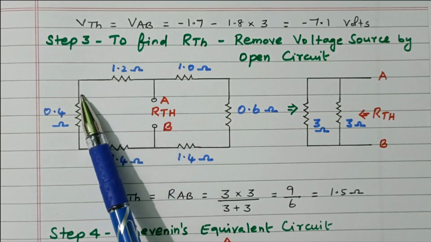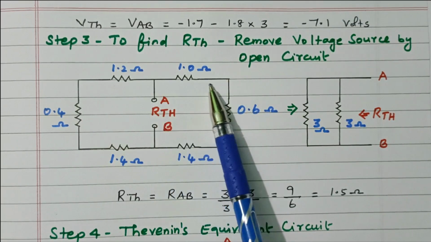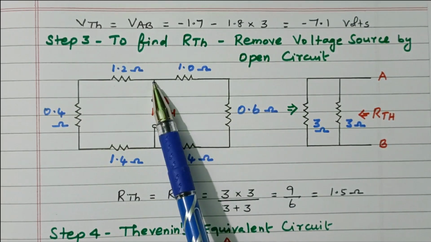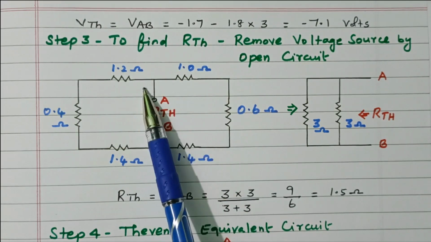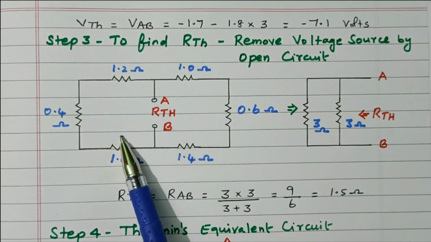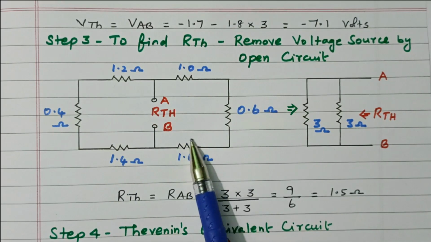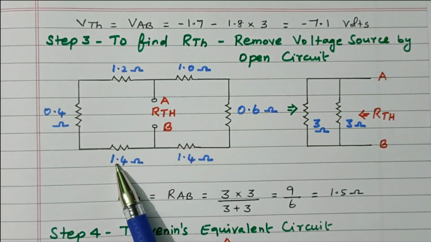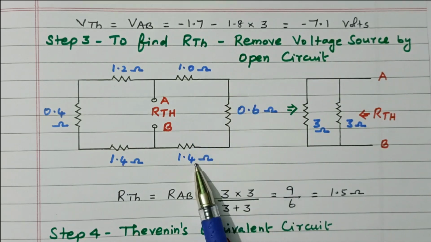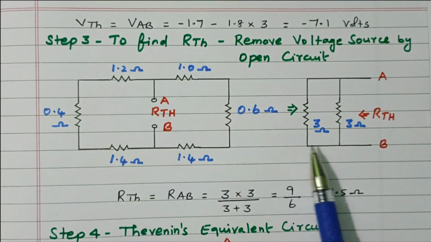So this side one circuit is available. This side one circuit is available. So current at this point is divided. It means these two are parallel. The same current is flowing through all three resistors. That means these three resistors are connected in series. Then both are parallel.